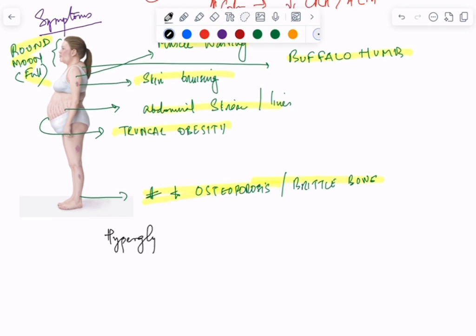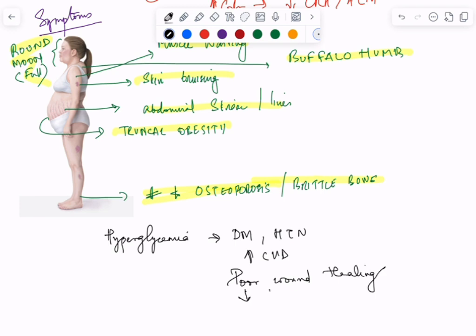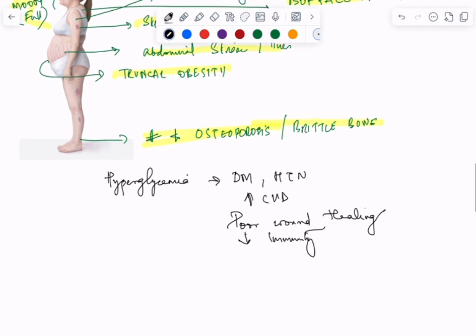Hyperglycemia, diabetes, everything we already discussed, I'm just writing again here for your retake. And also the females will suffer from amenorrhea, and some mental issues will also be present.